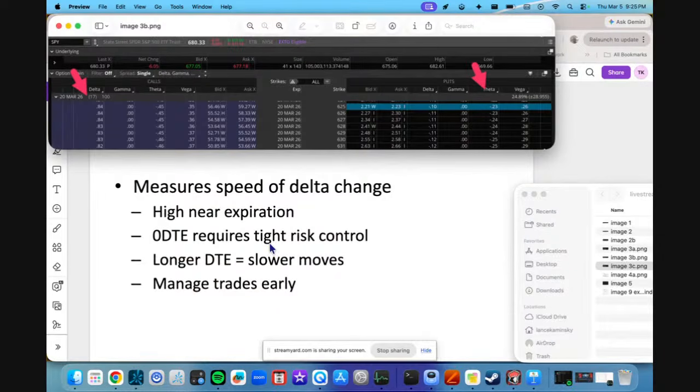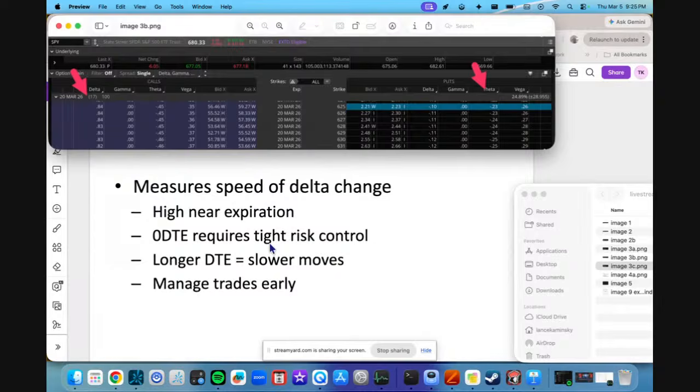For an example, let's say a stock's at $80 a share and you sold a 79 put. It's really close to the current price, so your delta will be very close to 0.5. If on the day of expiration the stock moves to 79, your gamma is going to be high, and that's going to change the delta very dramatically.